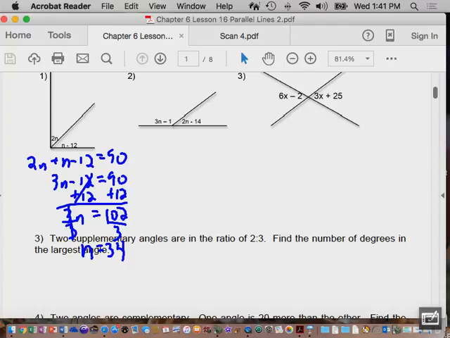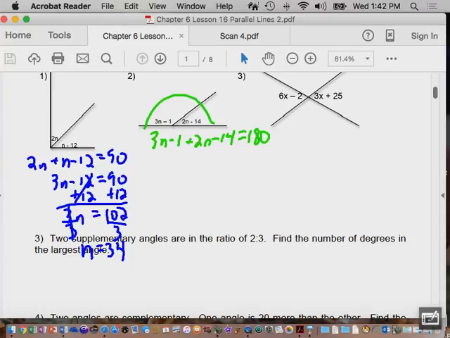All right, next up. What do you know about these two angles? They add up to 180. Very good. What's that word for adds up to 180? Supplementary. Very good. So therefore, 3n minus 1 plus 2n minus 14 is equal to 180. Is this a same side situation or an opposite side situation?